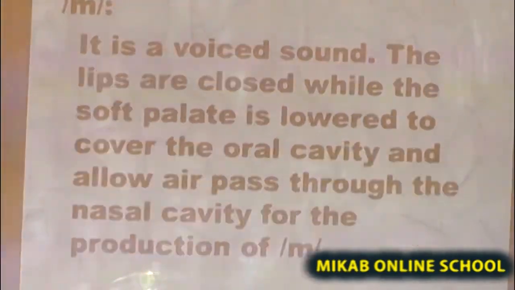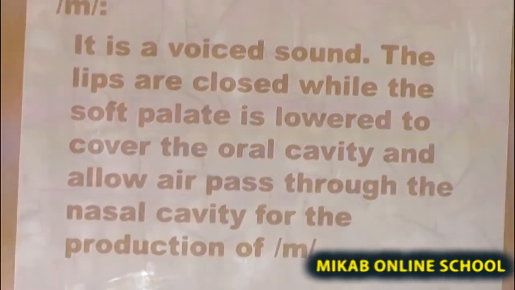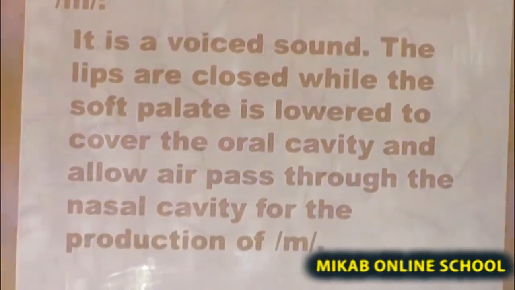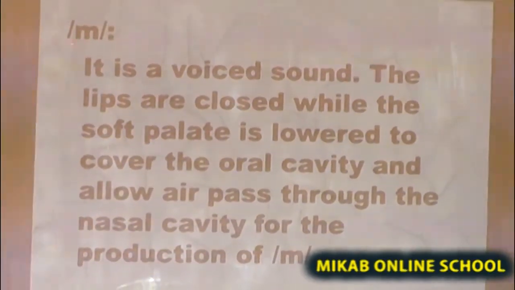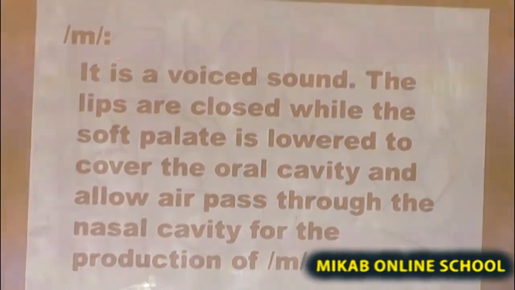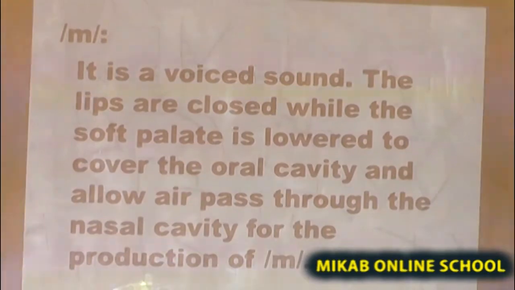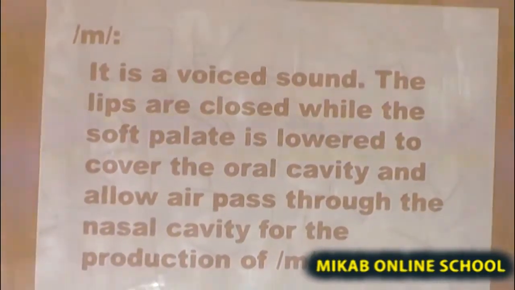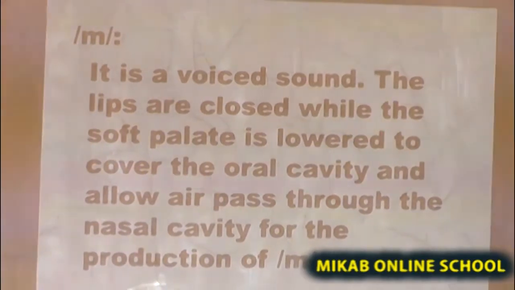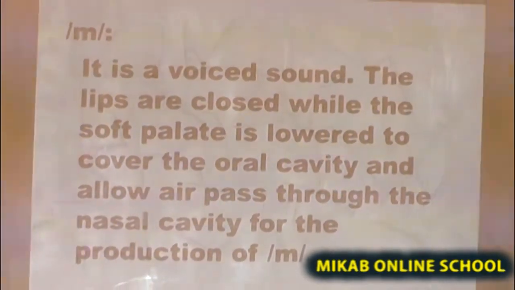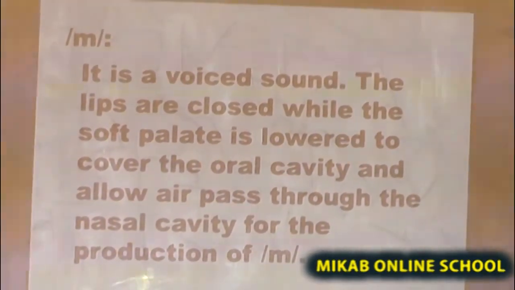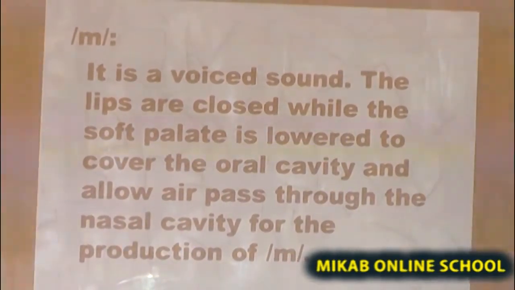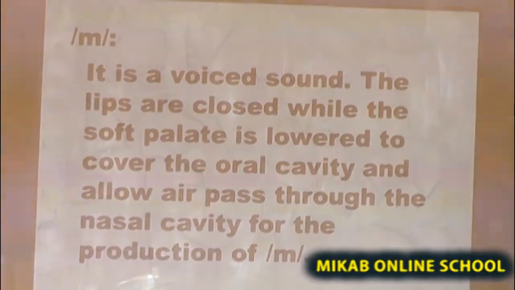The next sound is this very sound. This is Ma. It is a voiced consonant sound. The lips are closed while the soft palate is lowered to cover the oral cavity and allow air to pass through the nasal cavity for the production of this sound.